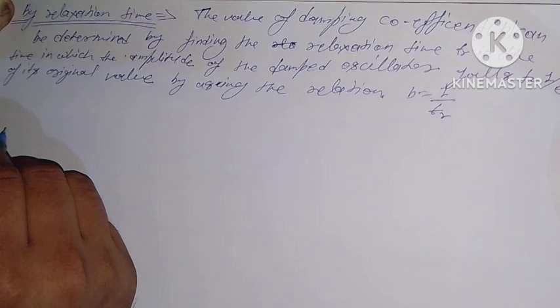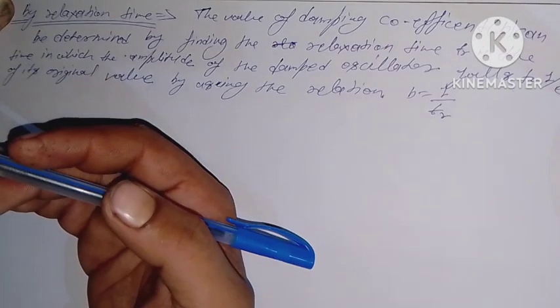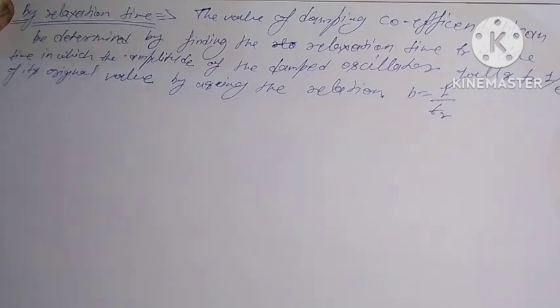The value of τ is experimentally determined by plotting a graph between amplitude and time, and finding from the graph the value of time t = τ.